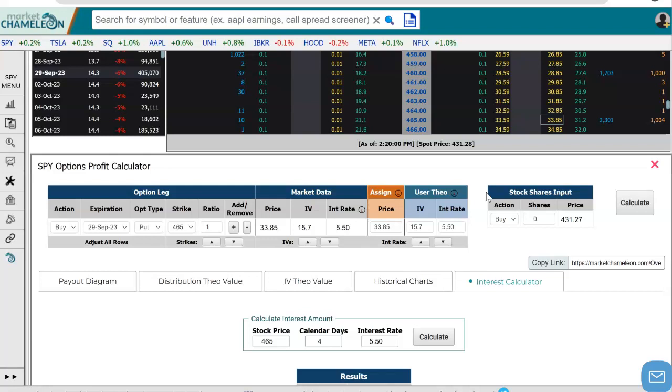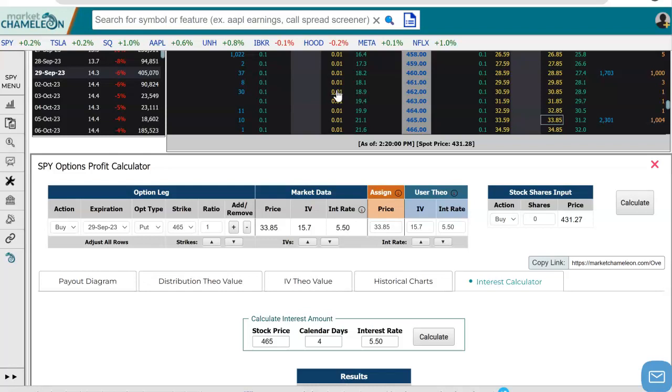So to cover that risk, now that we're short stock, we could look at buying the 465 call. And we see that this call is offered at 1 cent, 1 penny. So we could buy that option for a penny, because we stand to make 28 cents by earning interest on that short stock. And this appears to be a good candidate for an early exercise.